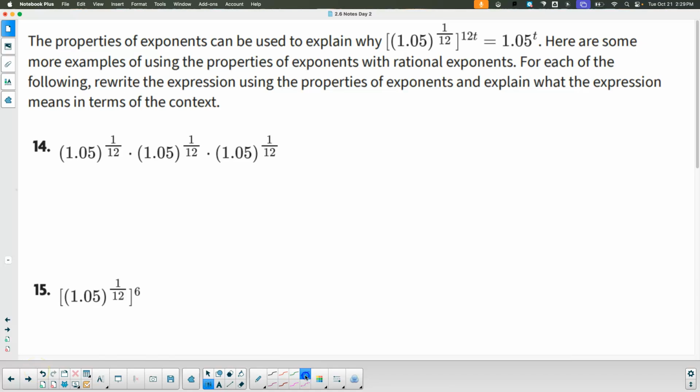So I've got 3 bases, all the same. What do I do with their exponents? Add them, right? What is 1/12 plus 1/12 plus 1/12? So what's my final answer?